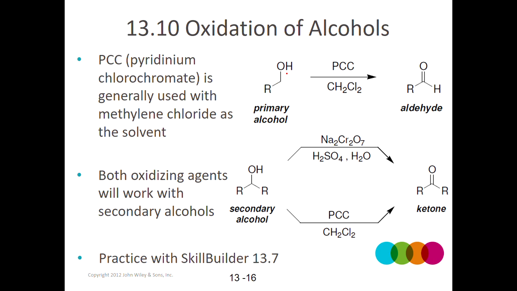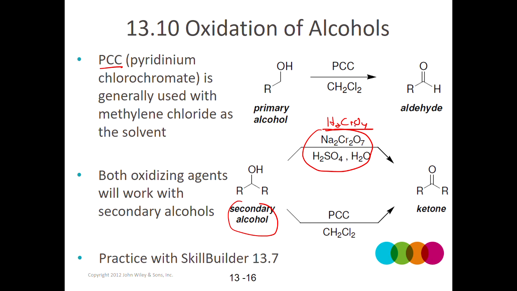So really any primary alcohol can be converted to an aldehyde with PCC. PCC can also be used to convert a secondary alcohol to a ketone, along with also the H2CrO4. So H2CrO4 could be written in that form, or it could be written in the form of the reagents that are used to make H2CrO4.